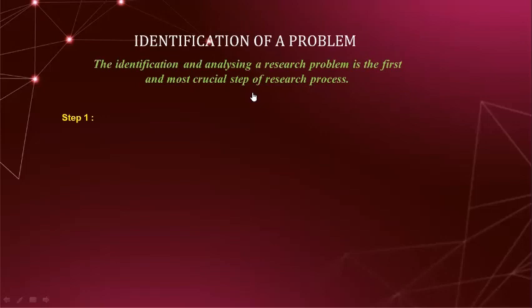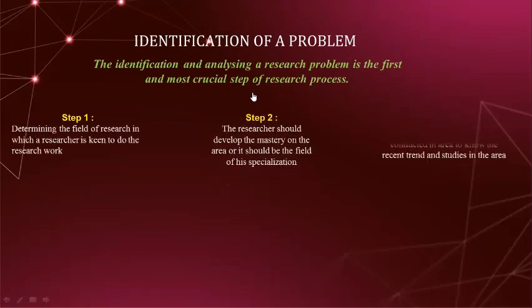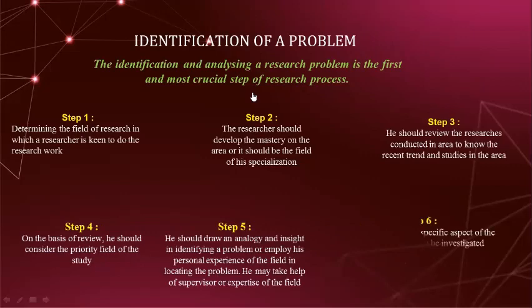So these are some of the steps for identification of a problem. The first step is determining the field of research in which a researcher is keen to do the research work. The second step is that the researcher should develop mastery in the area, or it should be the field of his specialization. If it is not his field of specialization, then he will falter at every step.